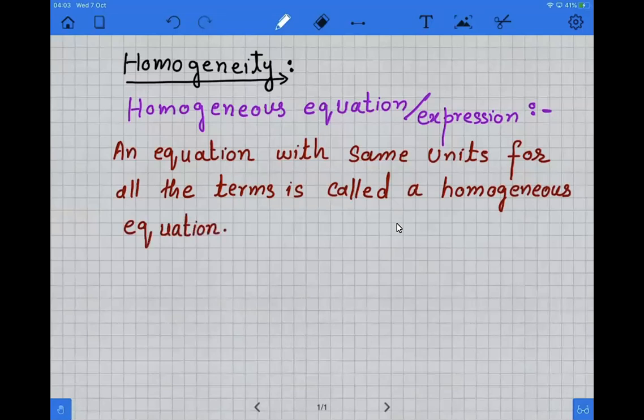So if all the terms in an equation have same units, then the equation is called homogeneous equation.